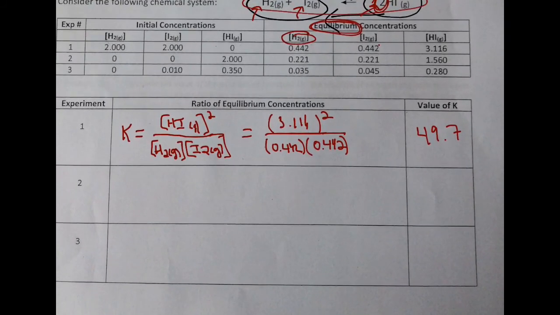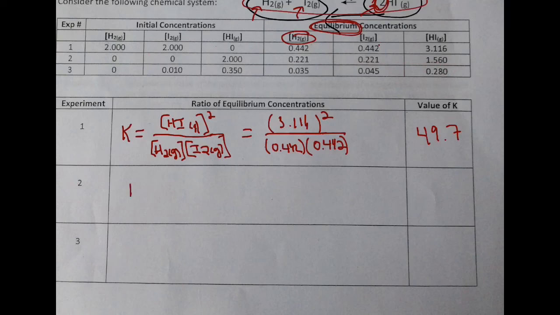Let's do the second one now. In this case, we're starting with 0 reactant. So no reactant. We're actually putting the product here into the closed vessel. We're going to give it time, and then at equilibrium, we have these concentrations.